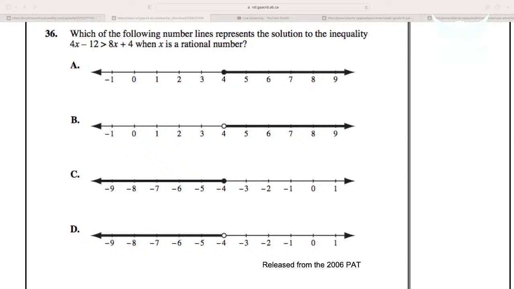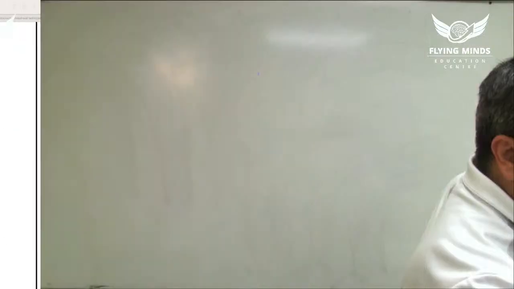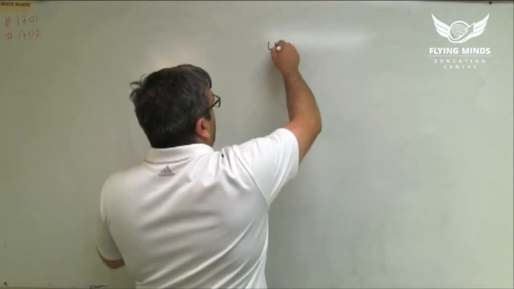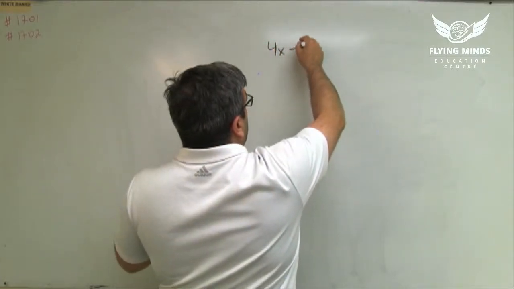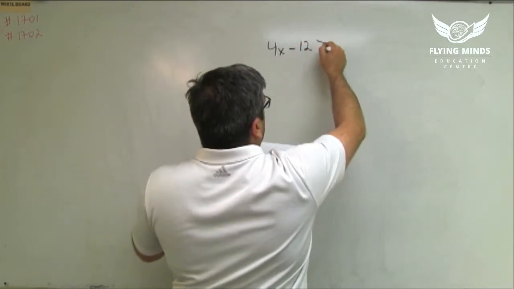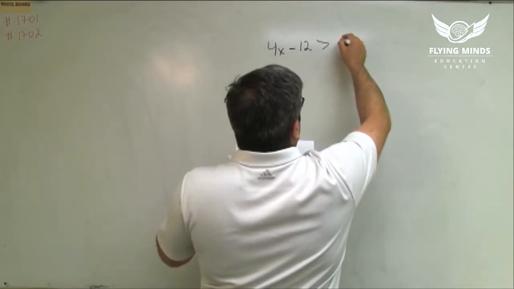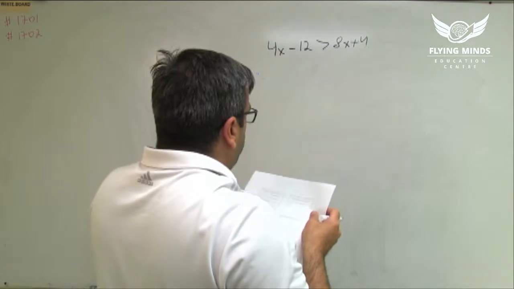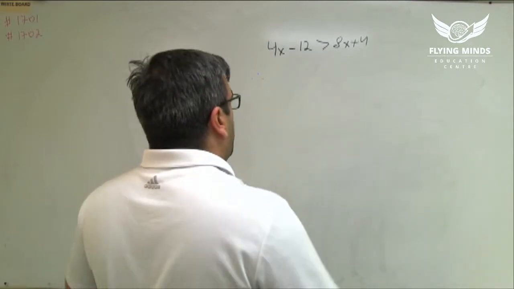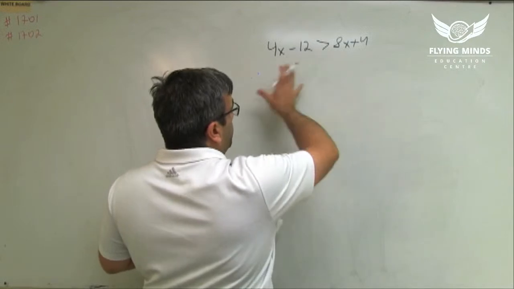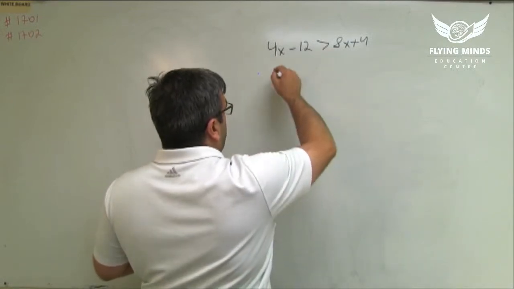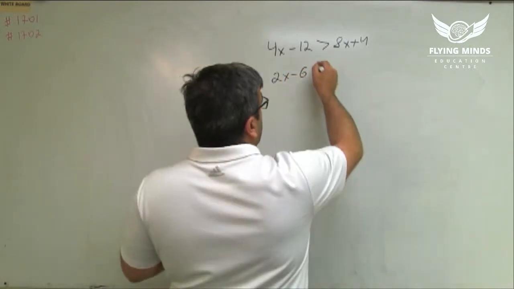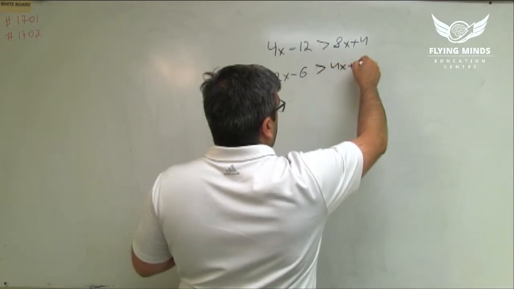Okay, so we have the inequality 4x minus 12 greater than 8x plus 4. So we can simplify by 2, because all the terms are multiples of 2, so it will be 2x minus 6 greater than 4x plus 2, right?